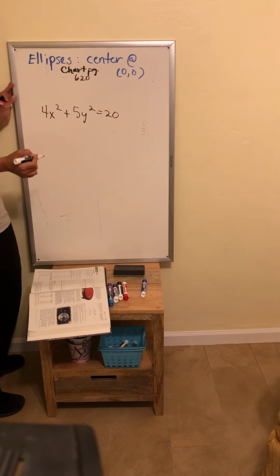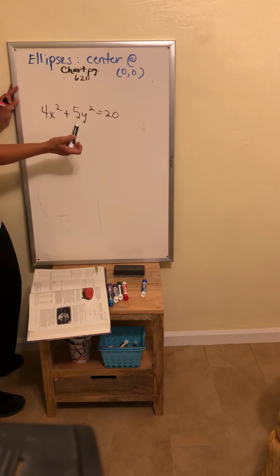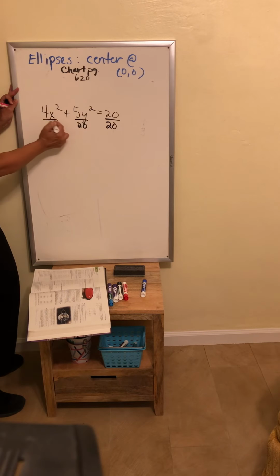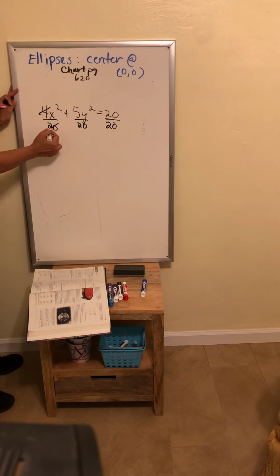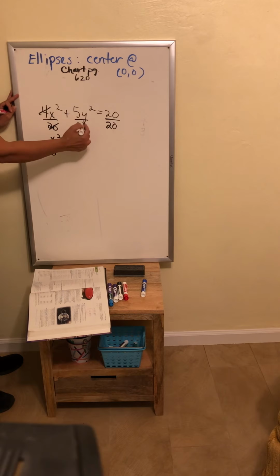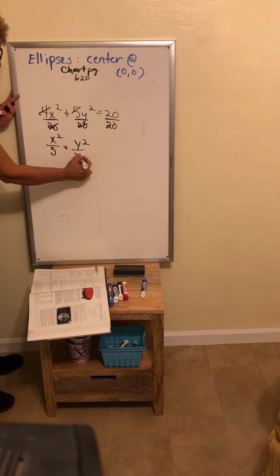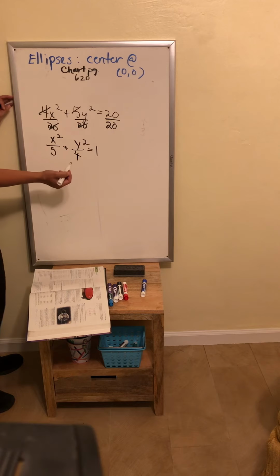You can see it's not set equal to 1, so we want to have it set equal to 1 so we can utilize our chart. So I'm going to divide each term by 20. So the 4 will cancel out from the numerator, and we'll be left with x squared over 5, plus here the 5 will cancel out from the 20 in the denominator, and we'll be left with y squared over 4. Now it's set equal to 1. So now it's in the standard form for us to identify everything.